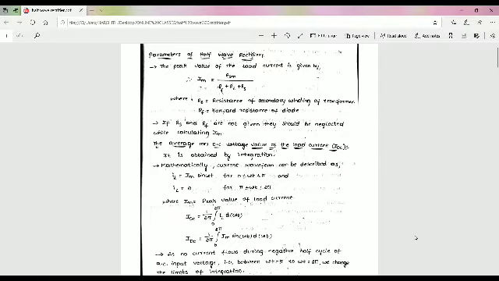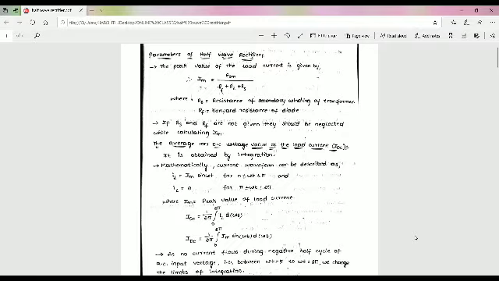IL equals Im sin omega t for 0 to pi, and IL equals 0 for omega t between pi and 2 pi, where Im is the peak value of the load current.